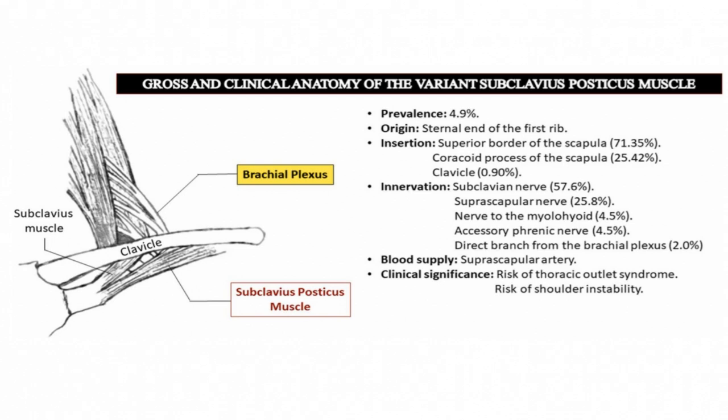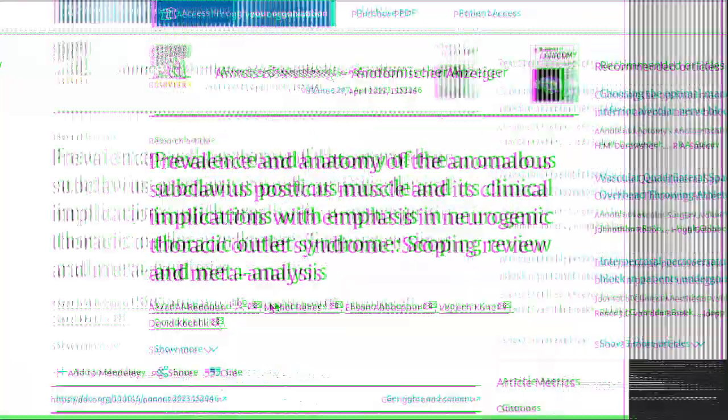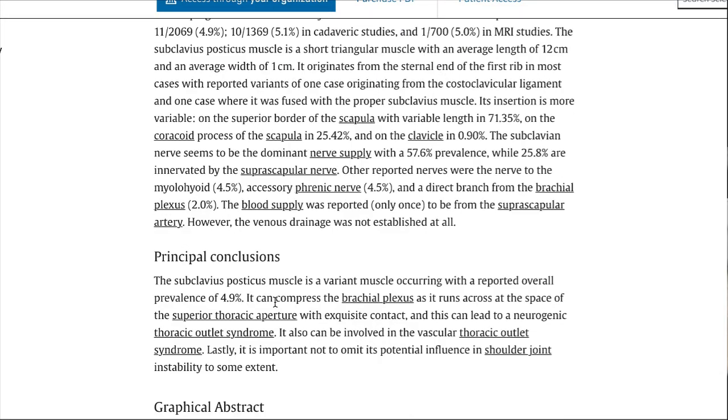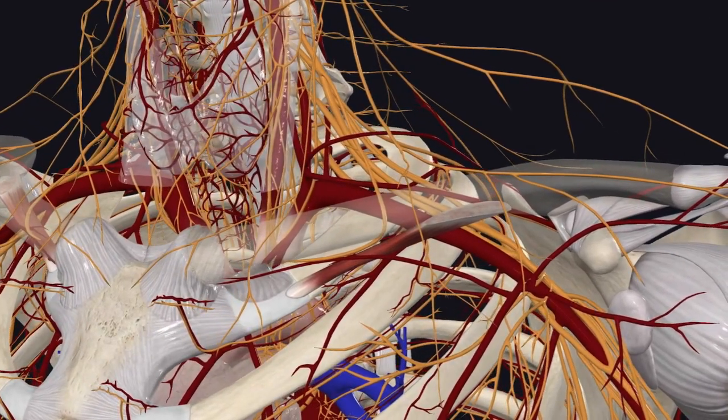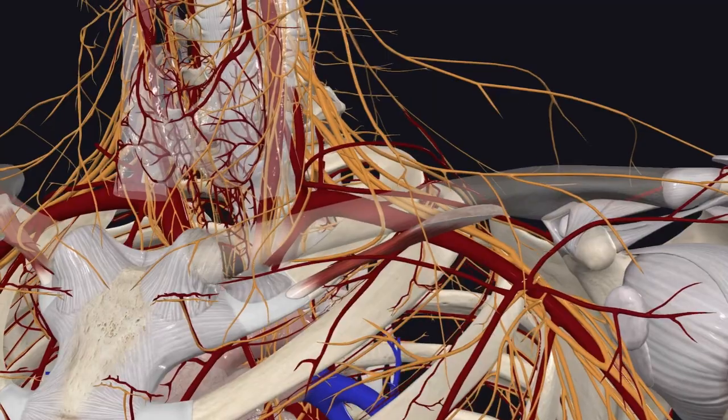Multiple studies have shown that this accessory muscle can be a direct source of thoracic outlet syndrome, particularly the neurogenic and vascular types. Patients with subclavius posticus may present with upper extremity numbness, diminished pulses, paresthesias or tingling, and also weakness, especially in positions involving clavicular depression or arm elevation or shoulder elevation.